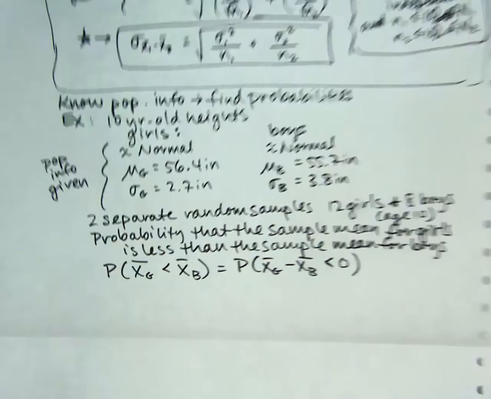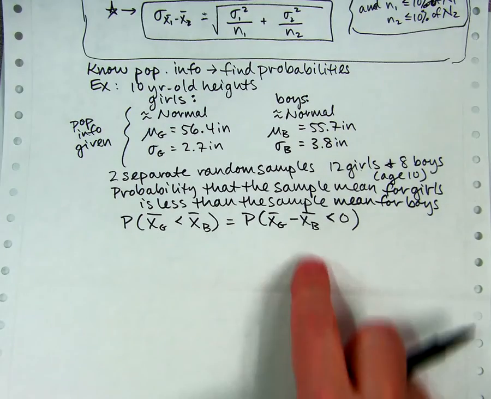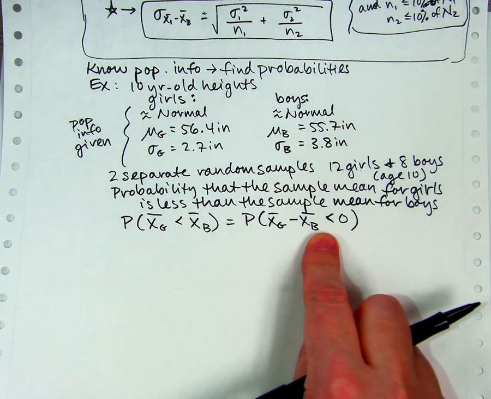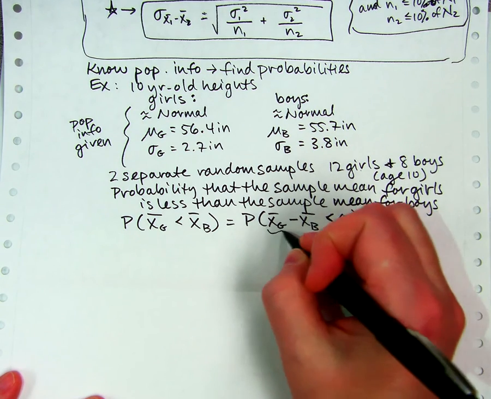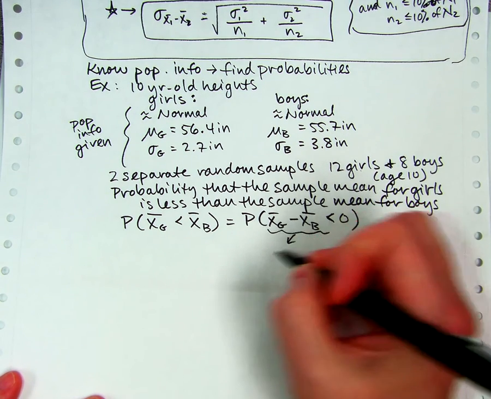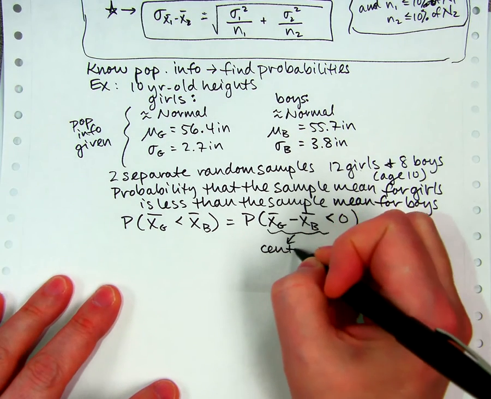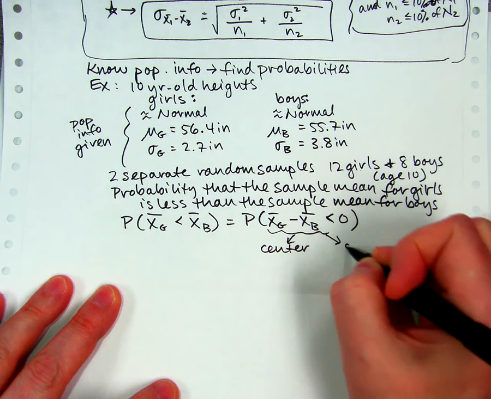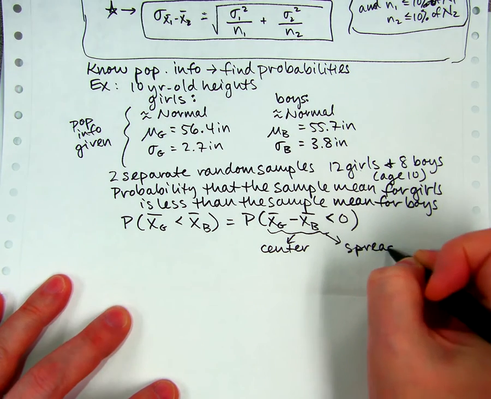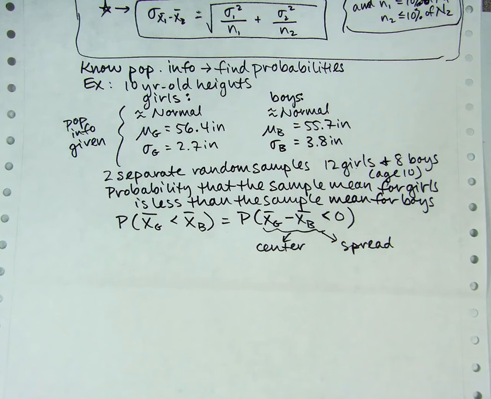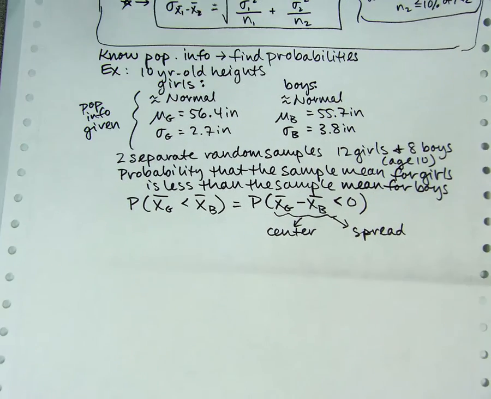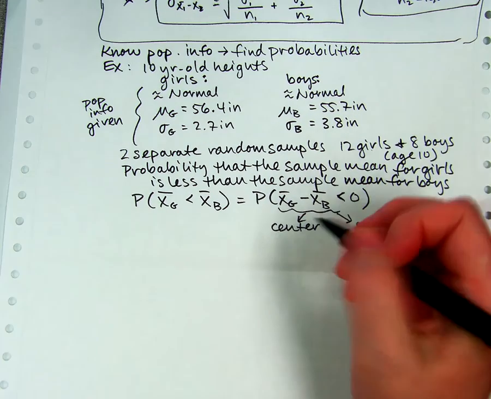Okay, so what we're doing is we're looking at the sampling distribution of a difference. We're going to use this information right here to find the center and the spread of that sampling distribution. And then we're going to do a z-score and a normal CDF because we know sigma, so we can use z, and that's going to change on Thursday, like I said.